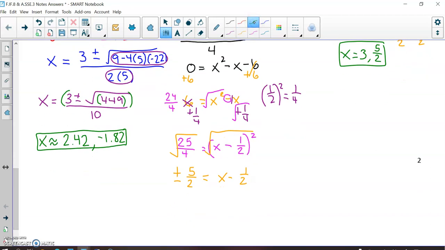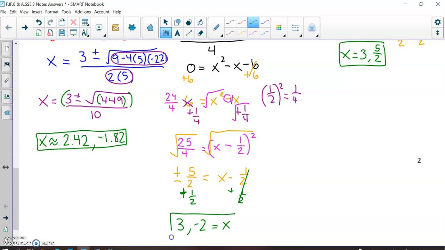Now I'm going to add 1/2 to both sides, and positive 5/2 plus 1/2 is 6/2, and 6/2 is really 3. And negative 5/2 plus 1/2 is negative 4/2, and negative 4/2 is really negative 2.